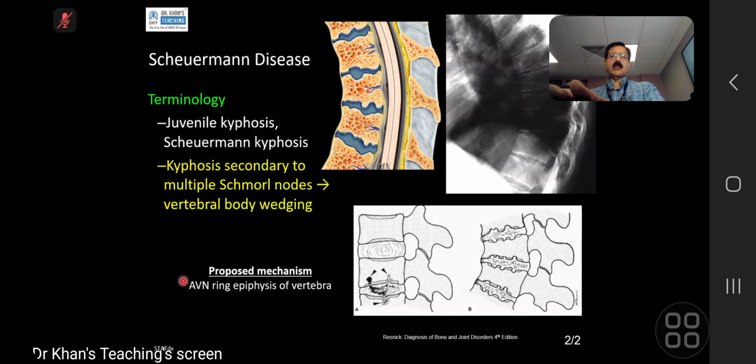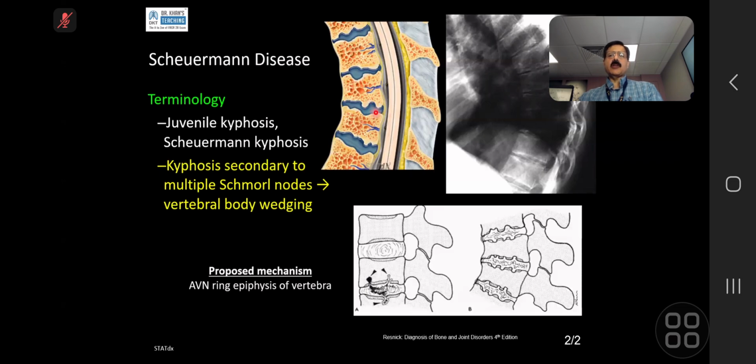There is a ring epiphysis at the end plate. This is also known as juvenile kyphosis, or adolescent kyphosis. When there is avascular necrosis of this, the intervertebral disc goes into the end plates. It herniates into the end plate.